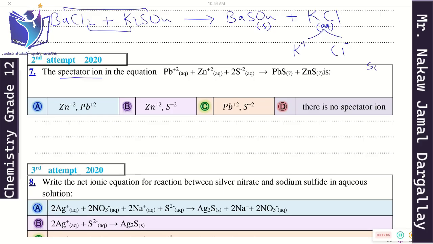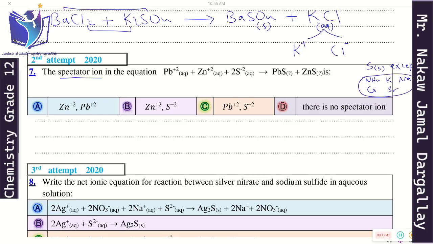Sulfides are insoluble, except five of them, which are soluble in water: NH4, K, Na, Ca, and Ba.